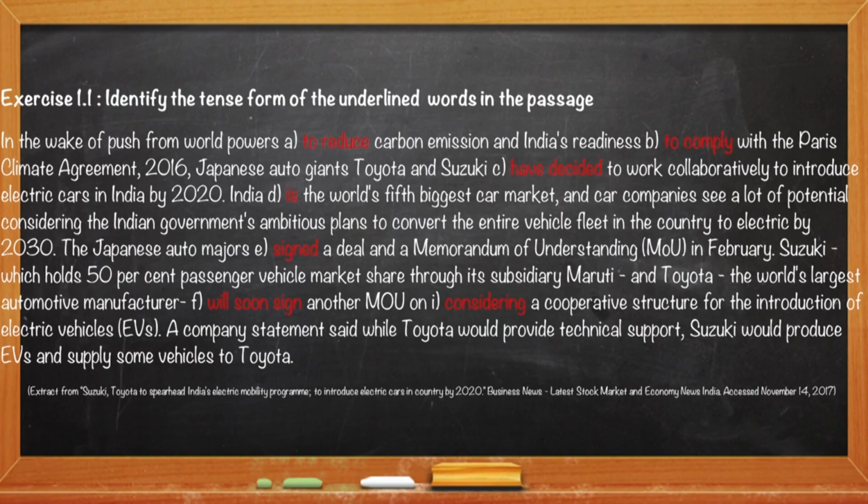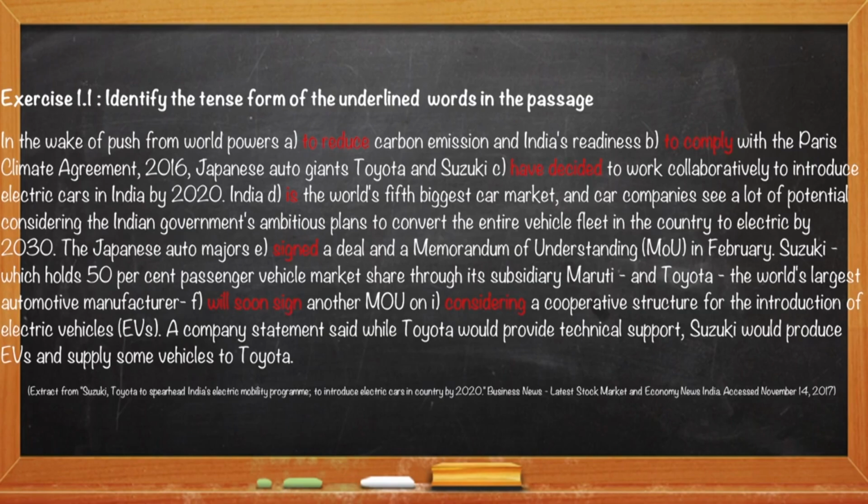The Japanese auto majors signed a deal and a memorandum of understanding, MOU, in February. Suzuki, which holds 50% passenger vehicle market share through its subsidiary Maruti, and Toyota, the world's largest automotive manufacturer, will soon sign another MOU on considering a cooperative structure for the introduction of electric vehicles, EVs.